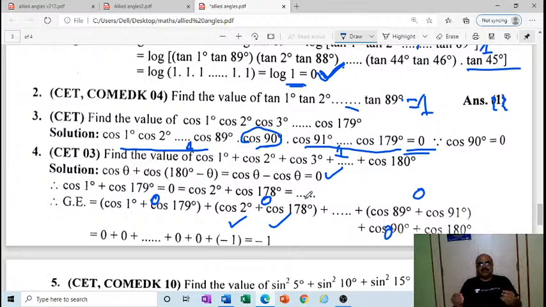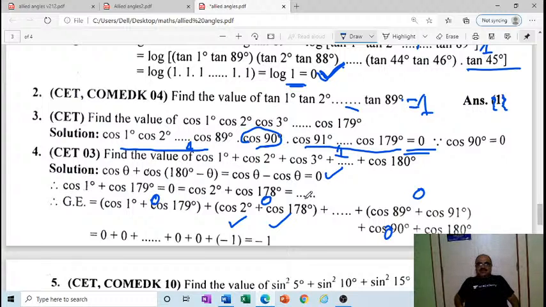1. See, when combinations are done, you must be careful. 90 and 180 go as a combination. Cos 90 is 0, we know it. Cos 180 is minus 1, it must strike to you. Simply don't close your eyes and just write it as equal to 0. If they would not have taken cos 180 in it, if it was only till cos 179, then the answer would have been 0.